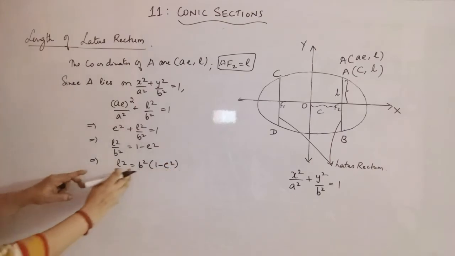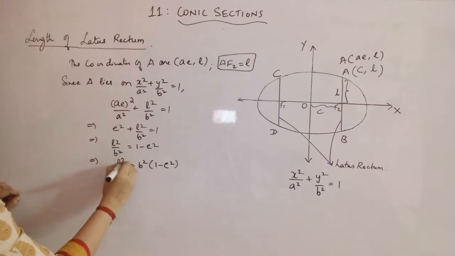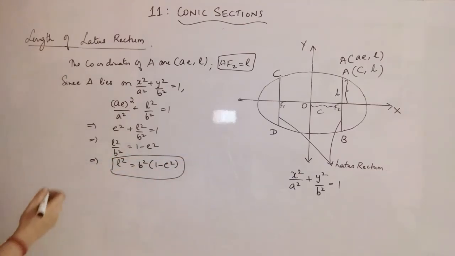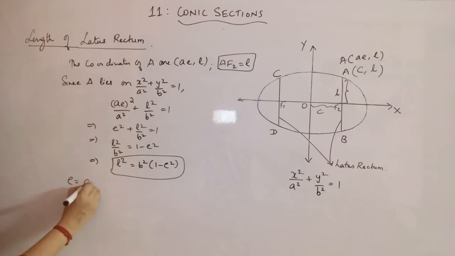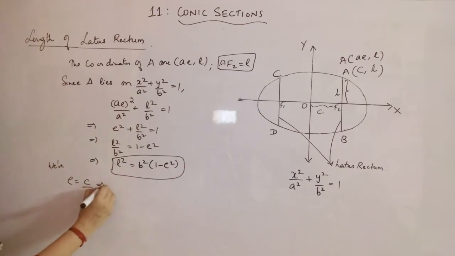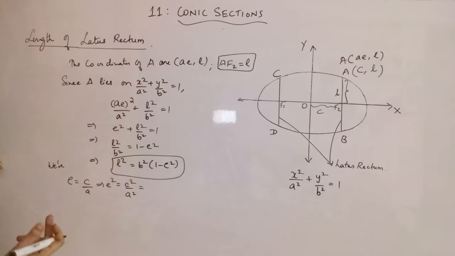Now we go to what we already know: the eccentricity e is equal to c by a. That means e square is c square by a square. For an ellipse, the relation between a, b, c is c square equals a square minus b square.